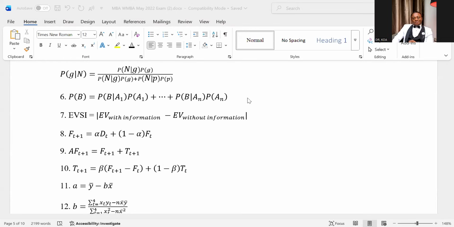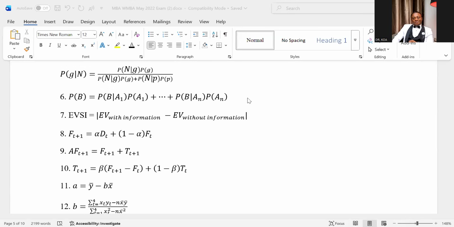The subscript T attached to it means it's in the present period. The T plus 1 means next period. T minus 1 means previous period. That's how it works. Then the 1 minus alpha is just whatever was in the alpha. So if the alpha is 0.3, the 1 minus alpha is 0.7.